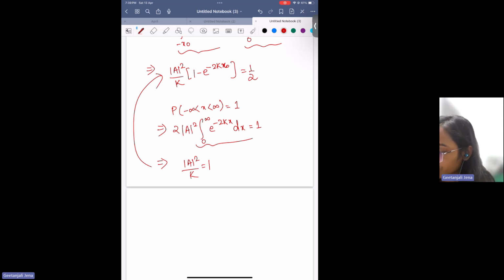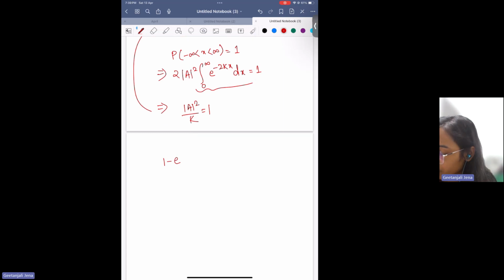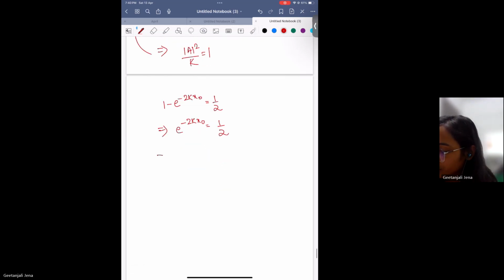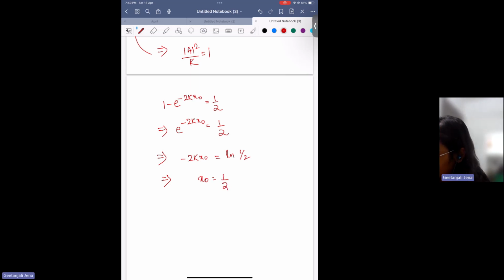So that means we will get 1 minus e to the power minus 2k x0 is half. So that means e to the power minus 2k x0 is half. If you take the ln on both sides, you will get minus 2k x0 is ln half. And from this, we will get x0 is 1 by 2k ln 2.